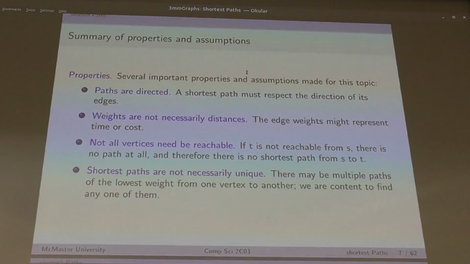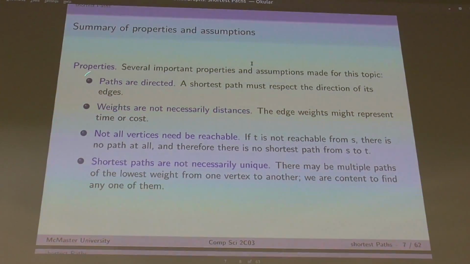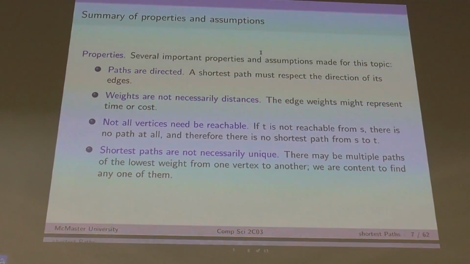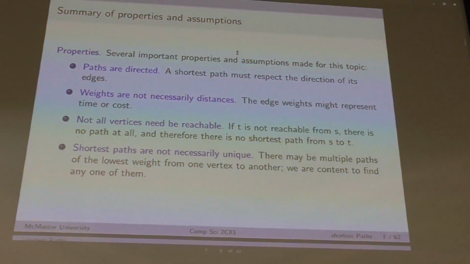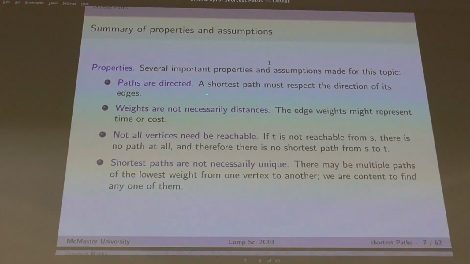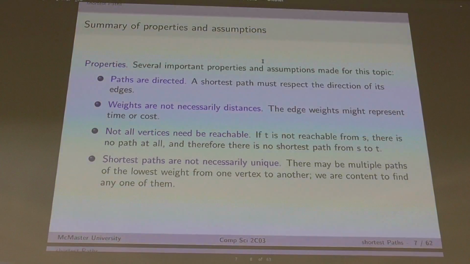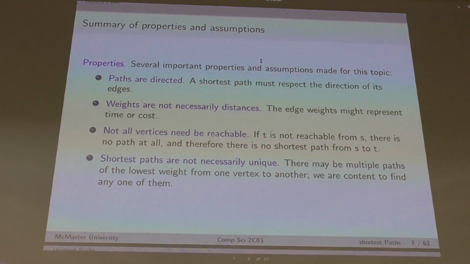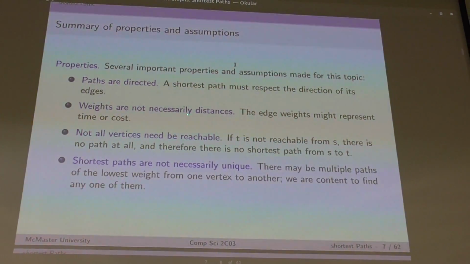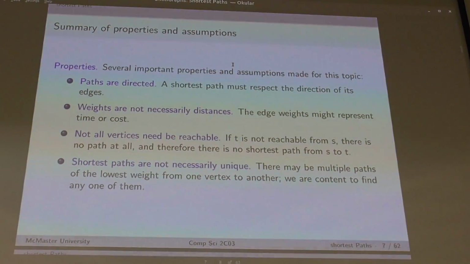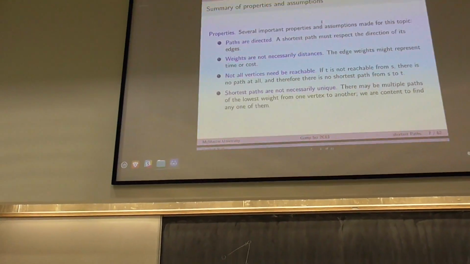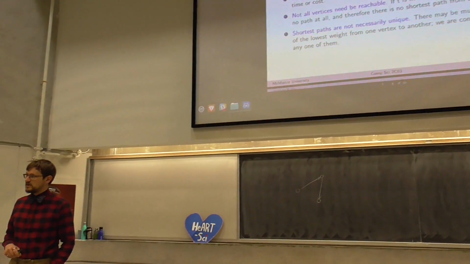So, there are several important properties and assumptions that we make for directed edge-weighted graphs. Number one, paths are directed, obviously. A shortest path must respect the direction of edges, obviously. Weights are not necessarily distances. The edge weights might represent time or cost, or they could just represent distance.